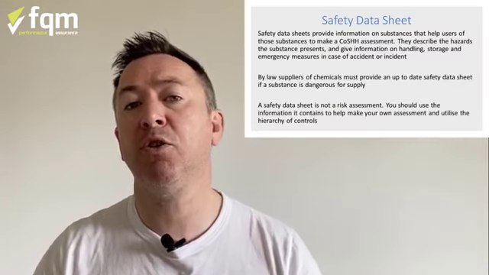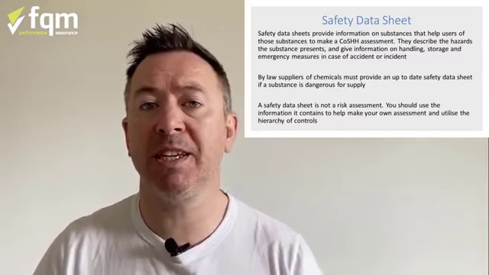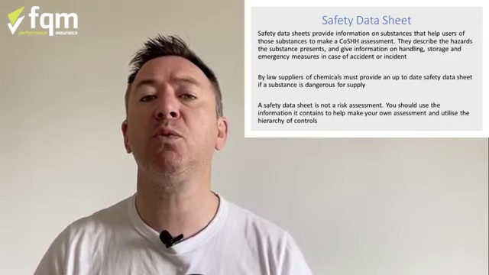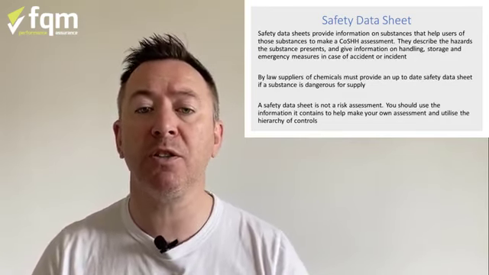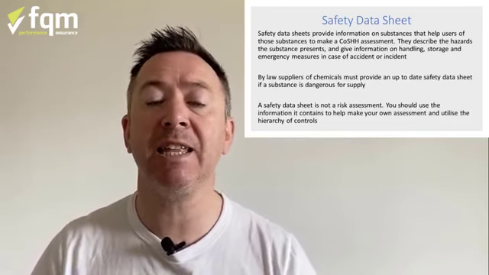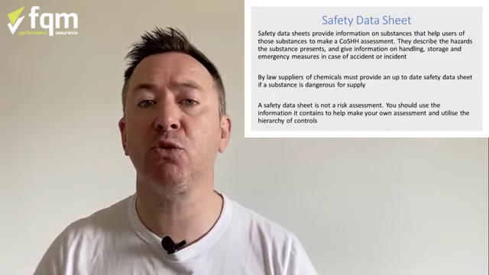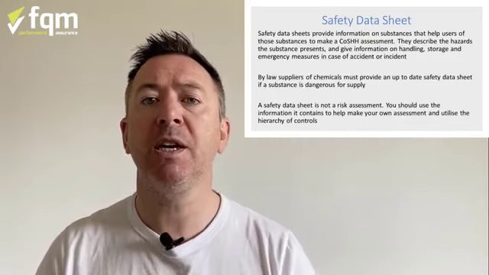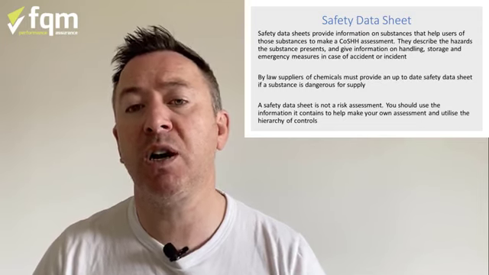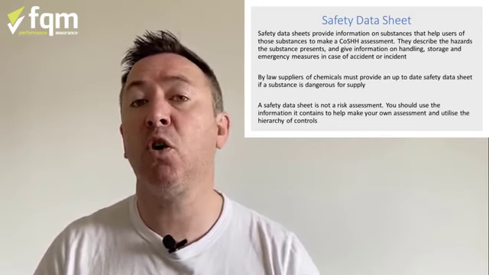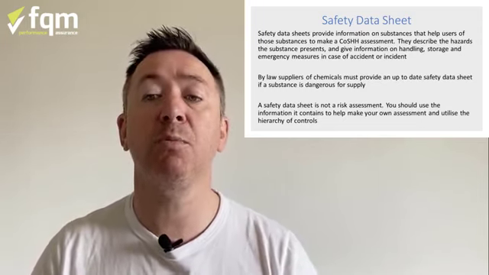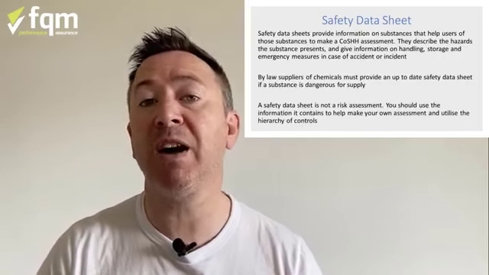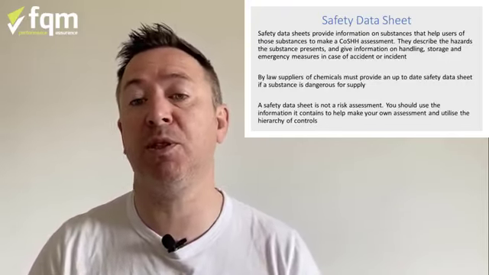So let's think a little bit about how a COSHH assessment is generated. Firstly, we have to understand the safety data principles associated with the substance. In order to understand what those are, we have to obtain a copy of a safety data sheet provided by the supplier of that substance.